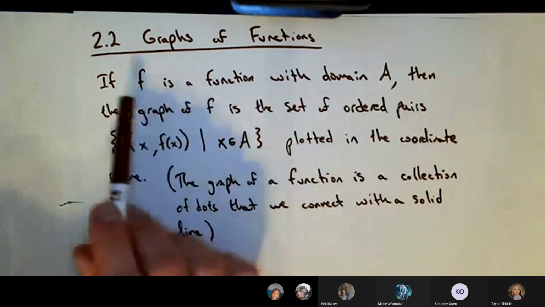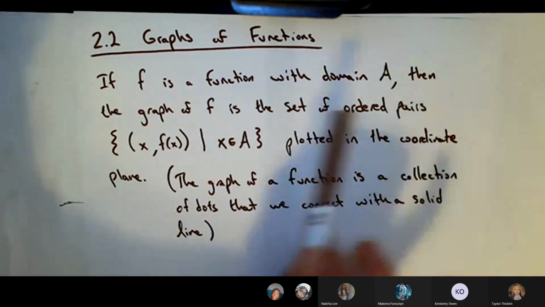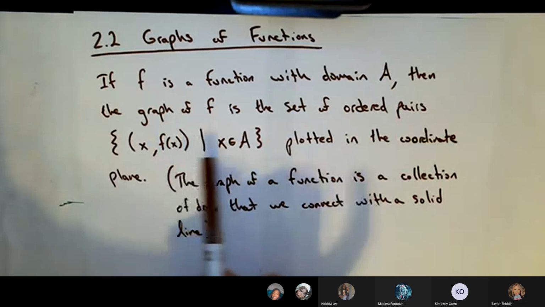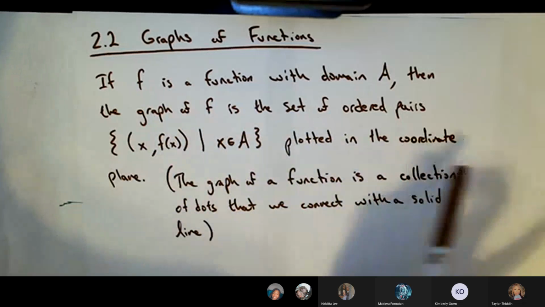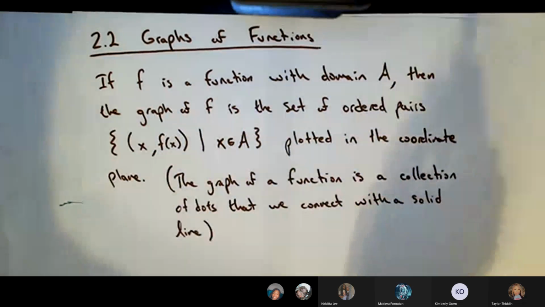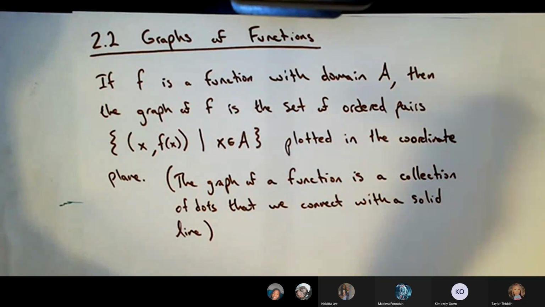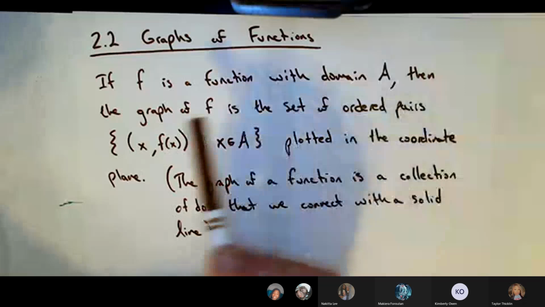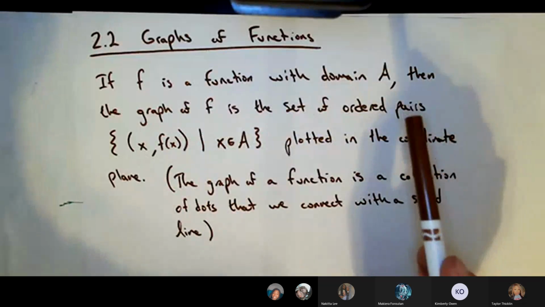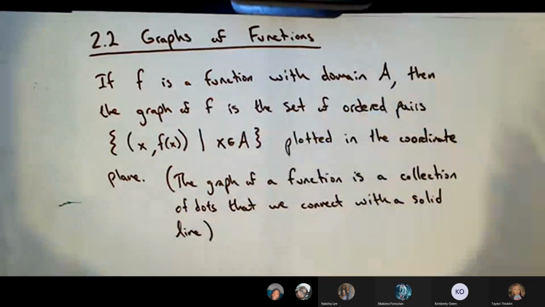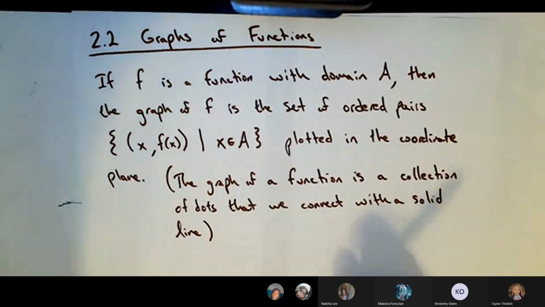Take this: if f is a function with domain A, then the graph of f is the set of ordered pairs, plotted in the coordinate plane. That's a mouthful, just to say it's a picture of a function. And where does the picture come from? Well, it's some line, maybe a curved line, and it's just infinitely many dots. Where do the dots come from? Well, they come from whatever the function is telling you to do.